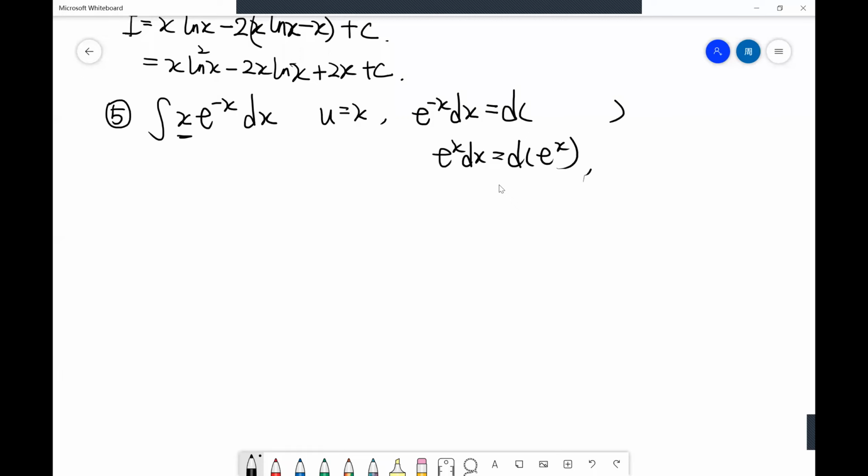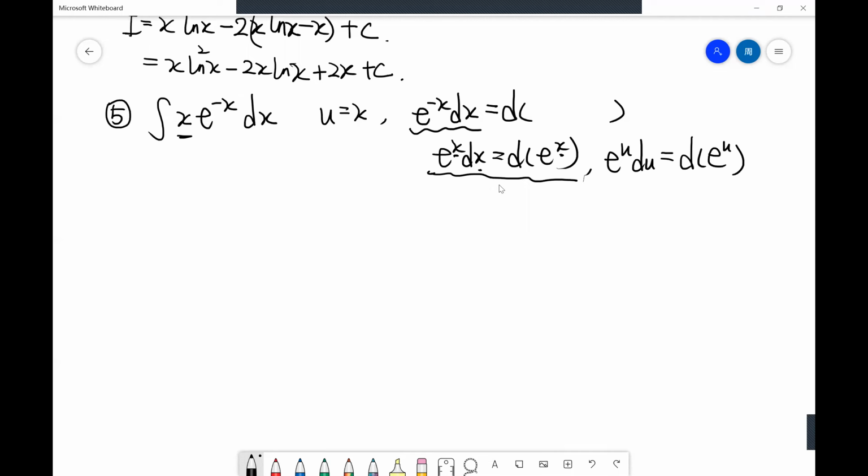Here we can change the letter. As long as these two parts are the same, then it follows this equation. So e to the u du also equals d e to the u, right? They are the same.